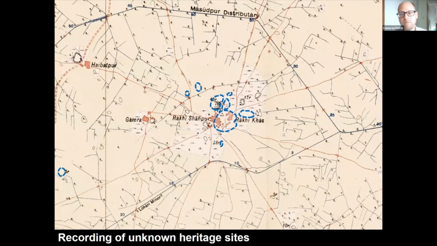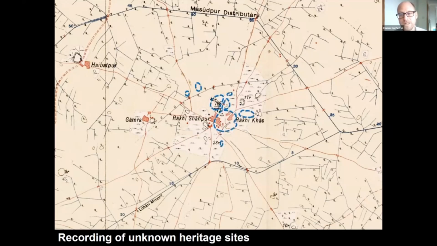Now, this is the map sheet that shows the location of the ancient city of Rakhigarhi, which is a very famous archaeological site. And you can see that documented on this map sheet were a number of mounds which correlate with the mounds that are now known of the archaeological site.